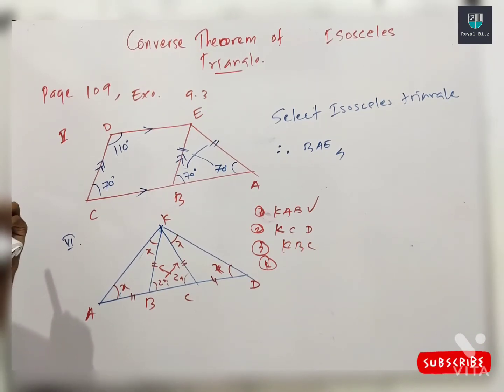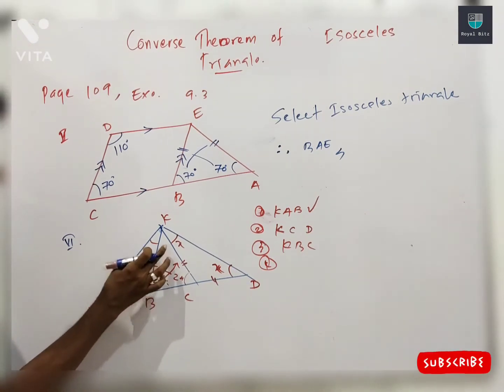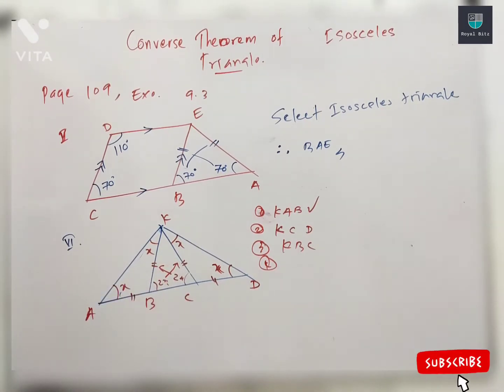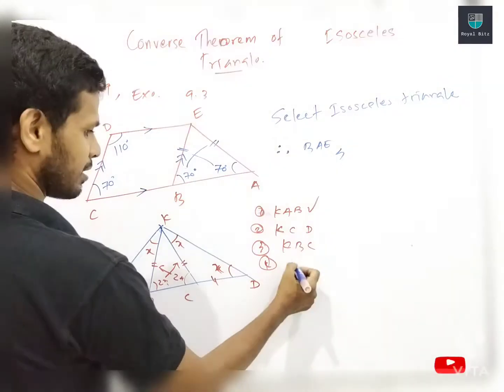Triangle KAC, this is 2x, KCA is 2x, and CKA is also 2x. This angle would be 180 minus 4x, but we don't know x. Now the big triangle, the big triangle KAD. This is important.